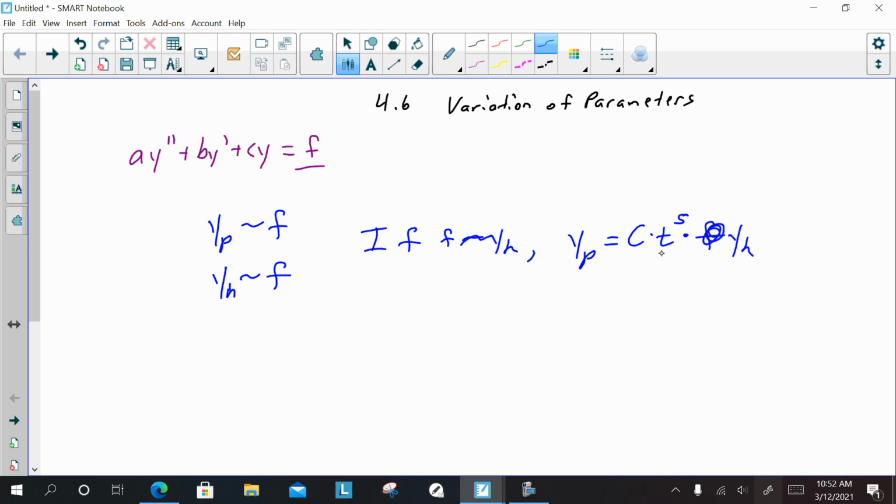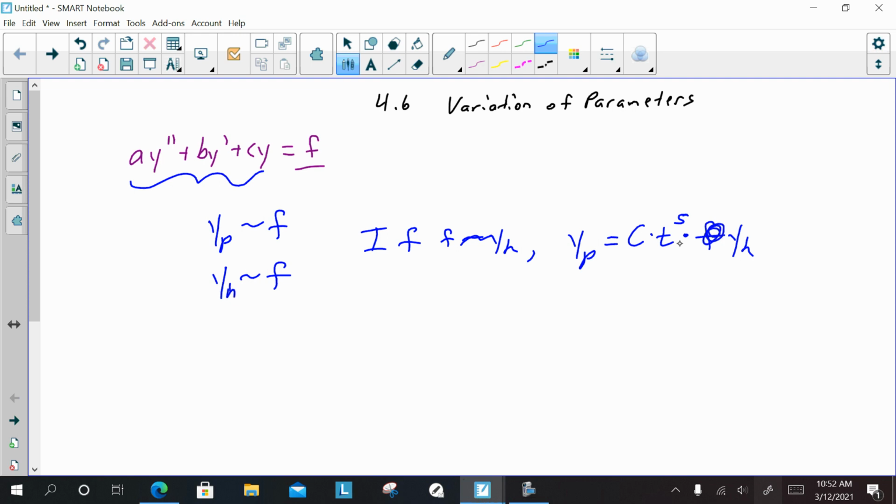So depending on what our roots were to the homogeneous part of this differential equation, that determined how many t's we needed to pick up out front. And that worked really well when we had functions on the right side that were polynomials, exponentials, sines, or cosines.